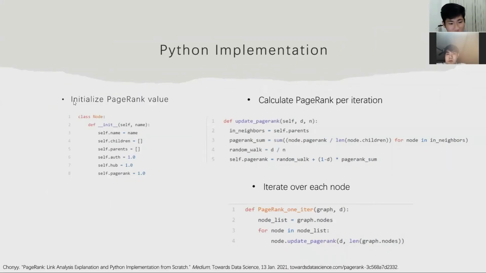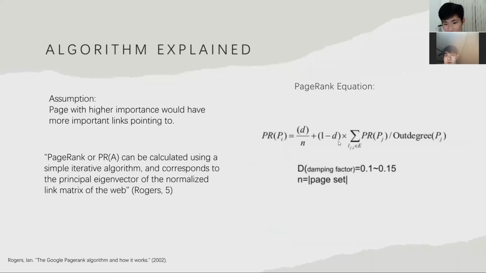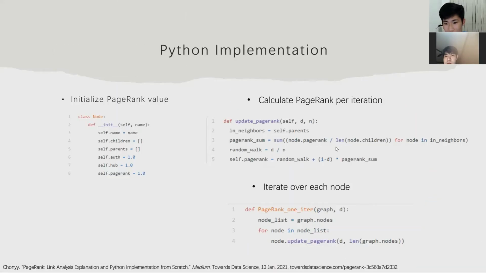So to start off with, we initialize all the variable values to 1 for empty lists, arrays, and then this is one iteration of the central PageRank equation. And as you can see, this is literally just this equation put into Python code with the summation value being represented by a for loop, and random walk is the damping factor divided by n, and everything else is fairly straightforward.